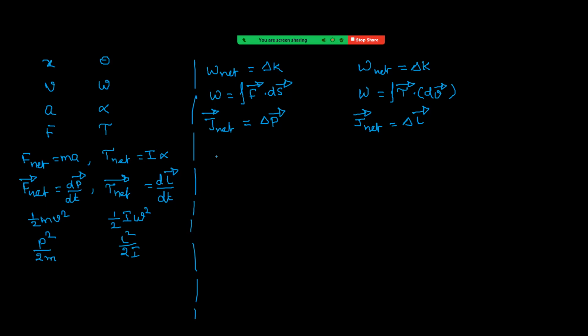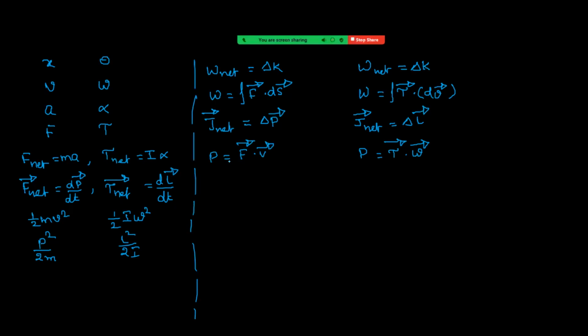Next, yes, we have to take power here. Power equals F bar dot v bar. Now here also, power equals tau bar dot omega bar.